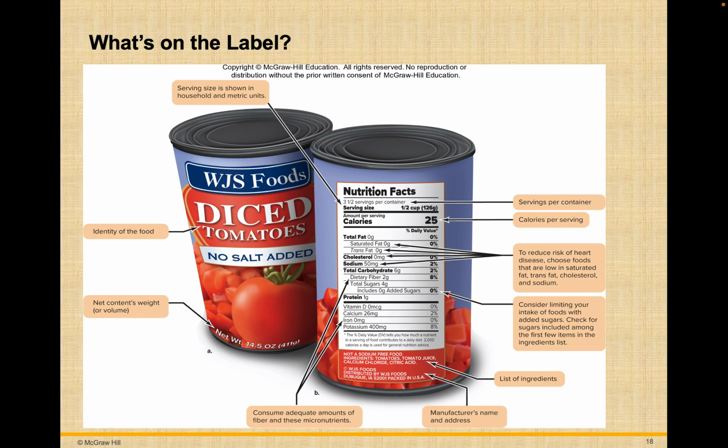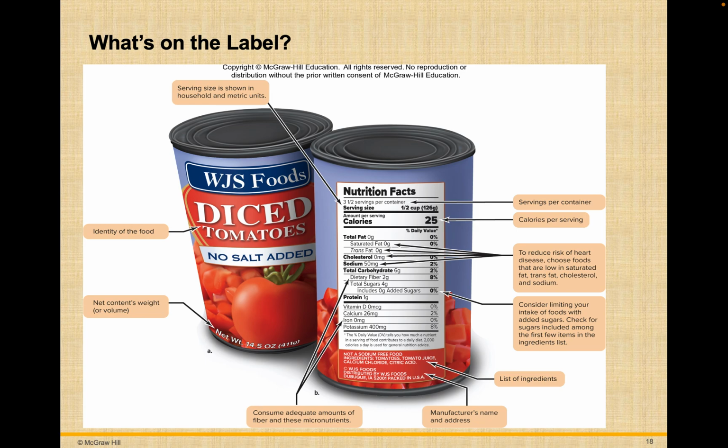Before we go to the next slide, I should mention that the list of ingredients in the product are required to be on a food label as well. I think the list of ingredients is a very important part of the label. Keep in mind that the ingredient present in the greatest amount is listed first.